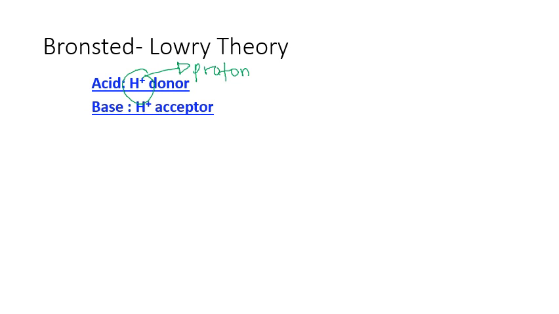The second theory is Bronsted-Lowry theory. According to Bronsted-Lowry, an acid is a proton donor, so we will note H+ as proton, while a base is a proton acceptor. H2O plus NH3 produce NH4+ and hydroxide ion.